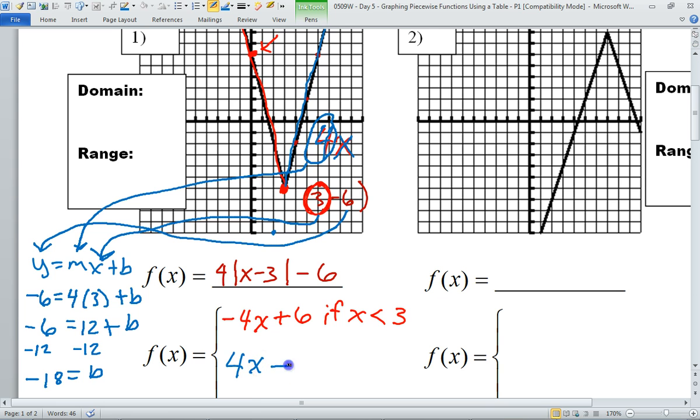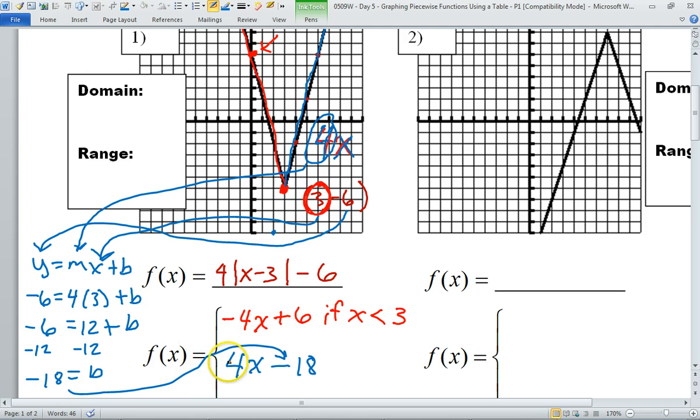So the b value is negative 18. For me, that's the best way to get it when it goes off the graph and it's hard to see. Just plug everything into y equals mx plus b and find your b that way. It only takes like 15 seconds.